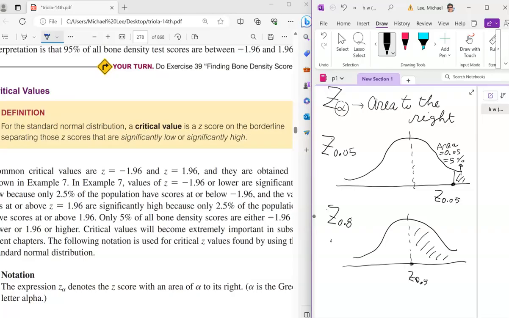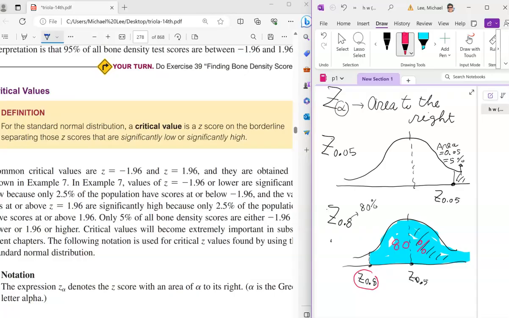So this is 80%. This is 80%. So it should be somewhere around here. Z 0.8. Okay? Because everything here is 80%. That's why we call this z 0.8.